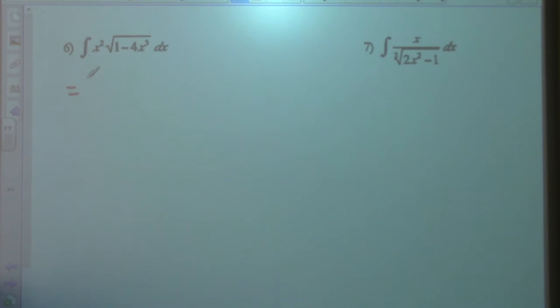Again, for this one, it's going to be x squared times 1 minus 4x cubed to the 1/2 power dx. See if you can do this one here, number 6. We'll go over it here in a few minutes.